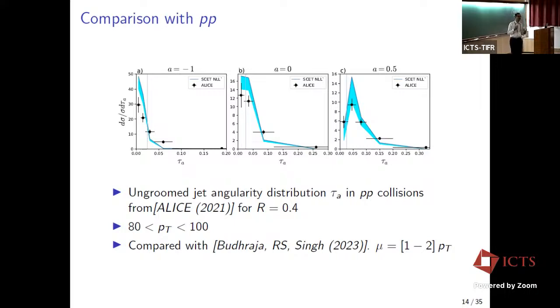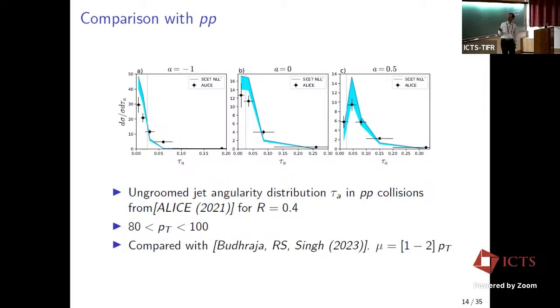And it turns out that you need one undetermined coefficient to fit to data. The nice thing is that that coefficient does not depend on a. So for different powers that you have for this angularity observable, you have just one fitting variable that you have to fit, and the data really doesn't look too bad.